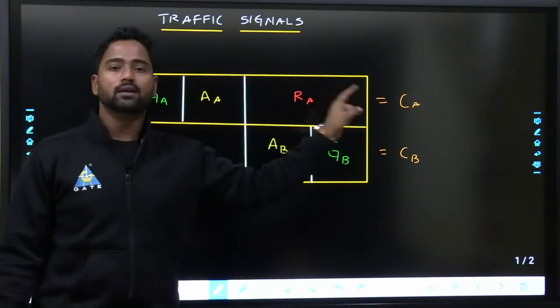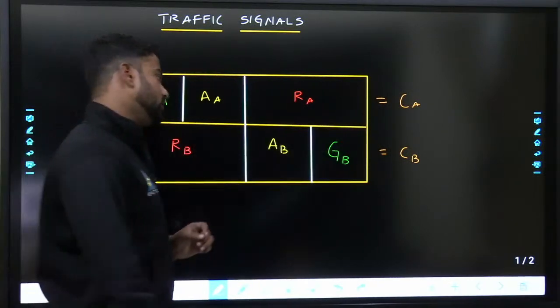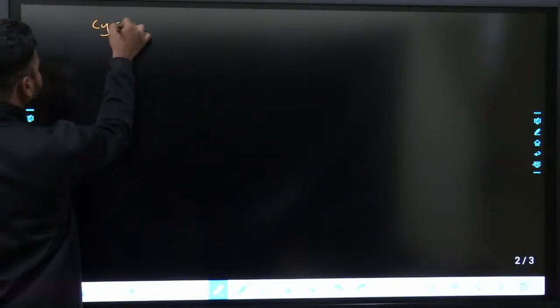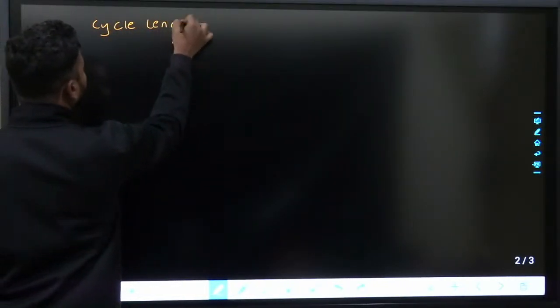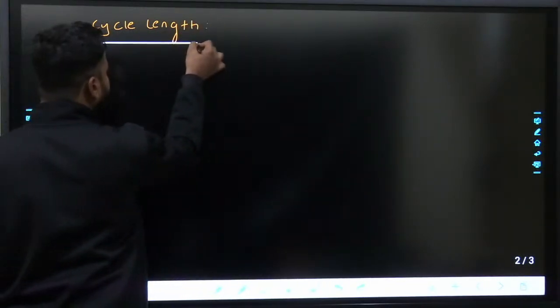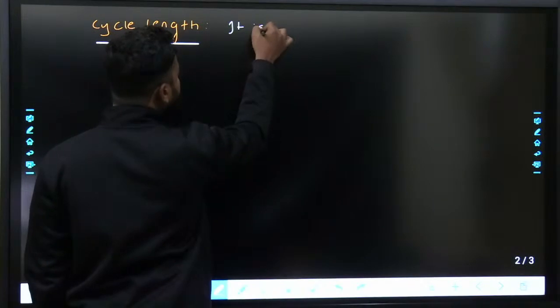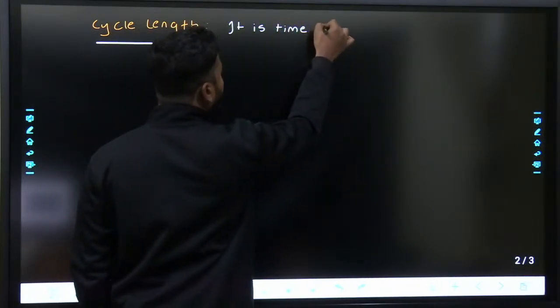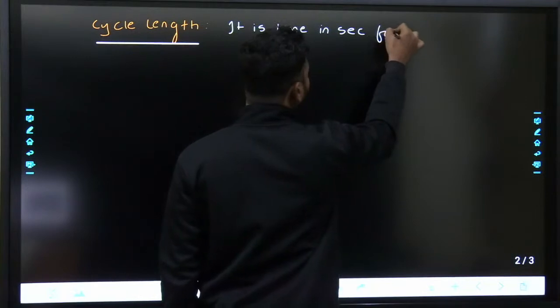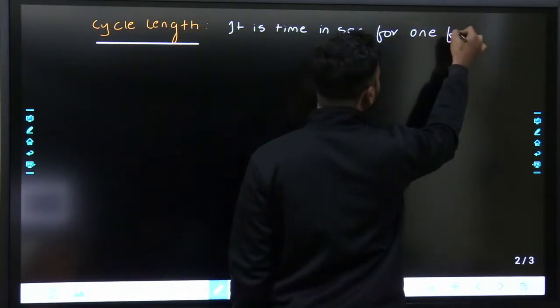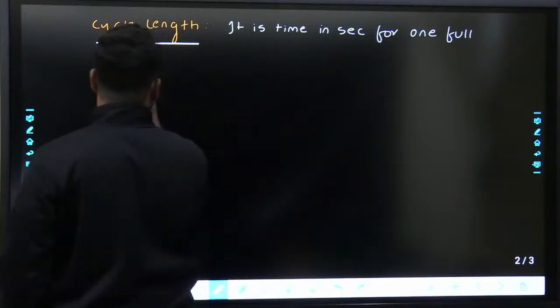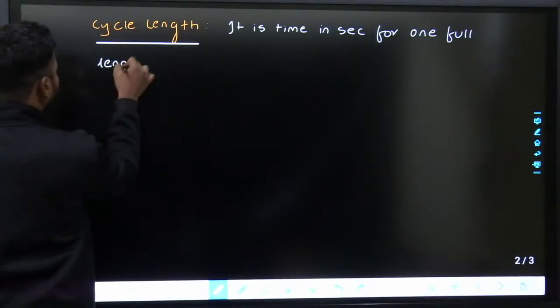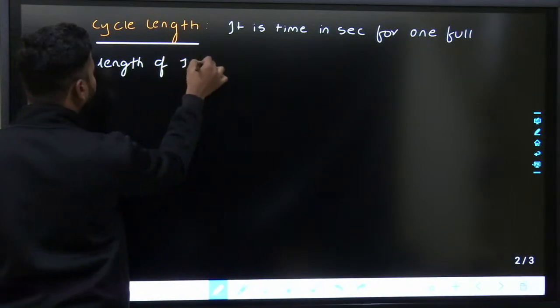So one cycle length is generally time in seconds. What exactly is cycle length? It is the time in seconds for one full length of indication.